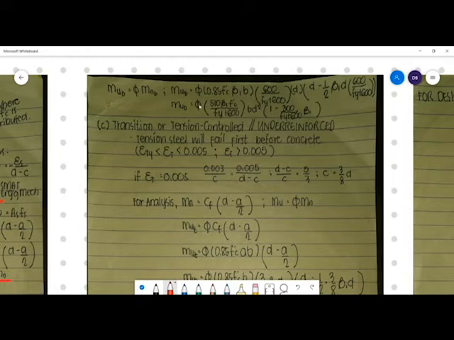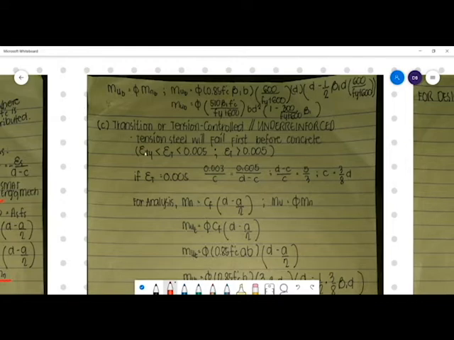Mu sub b is equal to phi multiplied by 510 beta 1 f prime c over fy plus 600 times bd squared, times 1 minus 300 beta 1 over fy plus 600. That is your formula for Mu in balance condition. Okay?